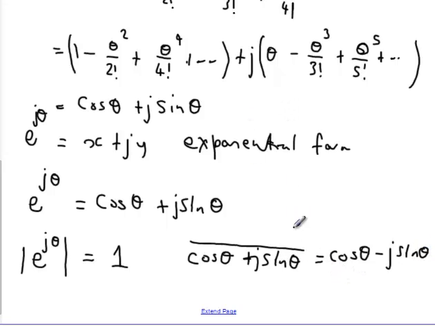If you work it out properly in that expression, you will get that this is equal to e to the power minus j theta. Are we together? So guys, I'm now listening to you. Any clarifications, any problems, anything which is not clear, this is the time to ask.